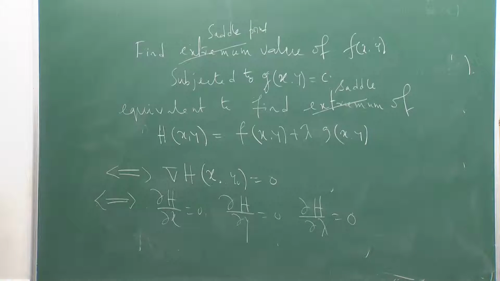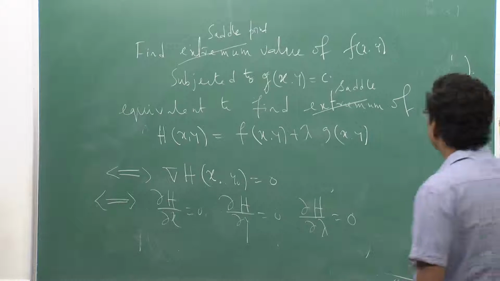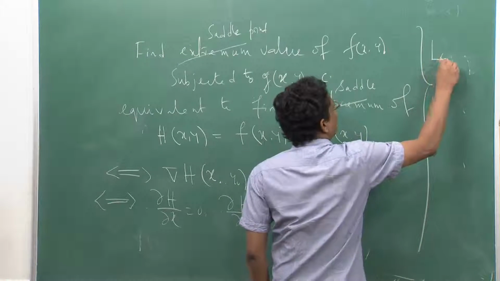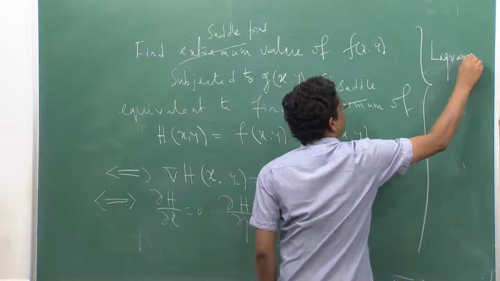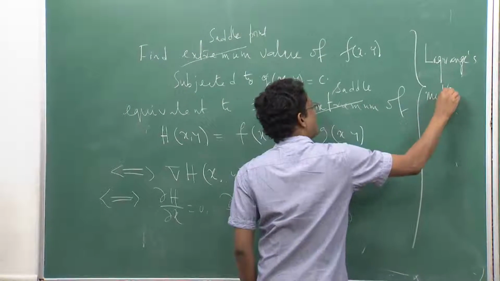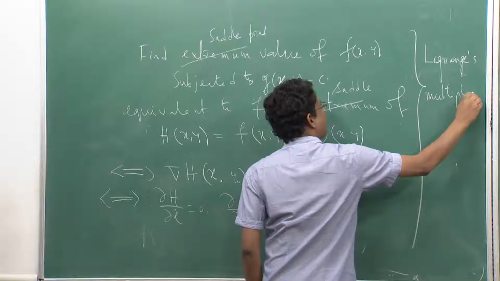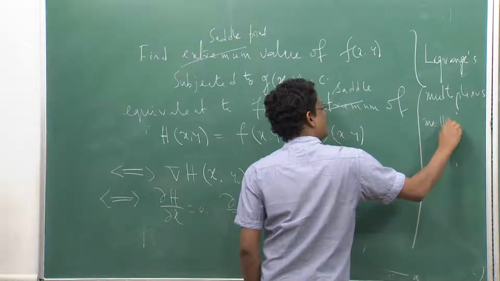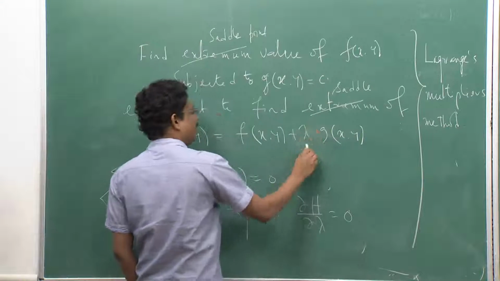This is the so called Lagrange's multiplier method. This lambda is called the multiplier.